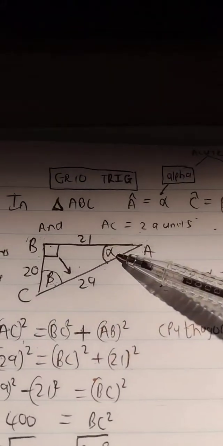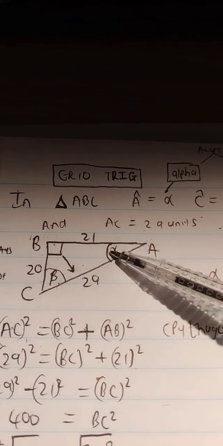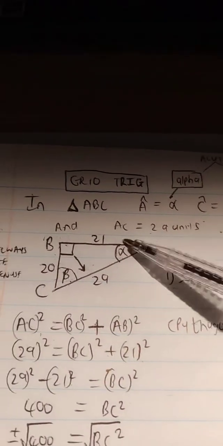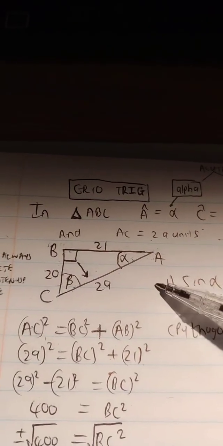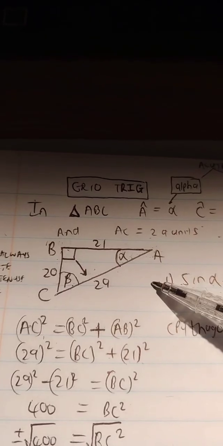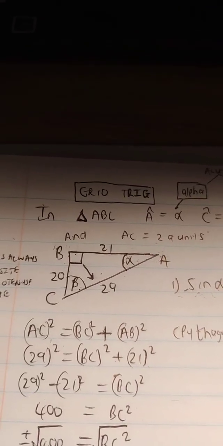Which one is the hypotenuse side in relation to alpha? Which one is the opposite side in relation to alpha? Then we express our ratio for cosec.